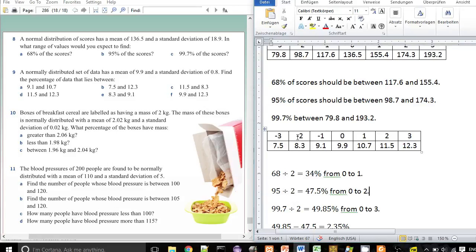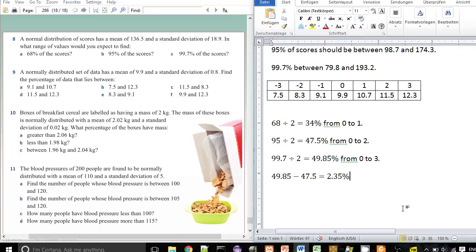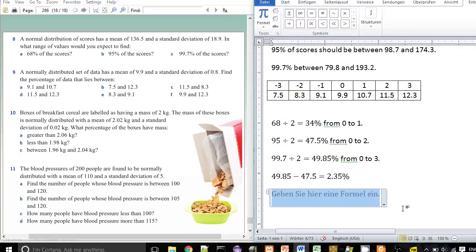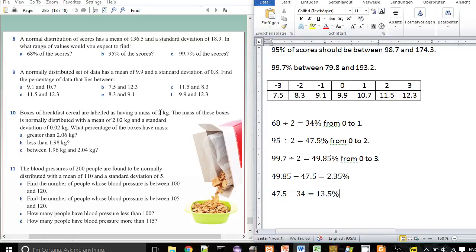So this is 47.5, and this is 34, so we just need to subtract for this part. I don't know if this is going to make sense. Hopefully it does. I know what I'm doing. 13.5%. That's the answer to this one. 8.3 to 9.1, there's going to be 13.5%.